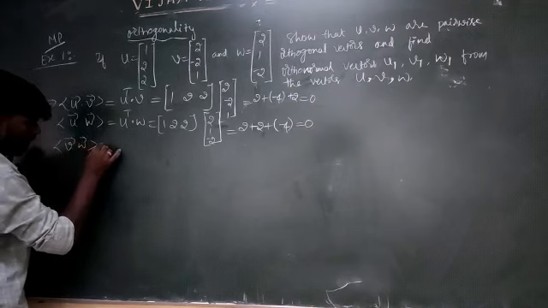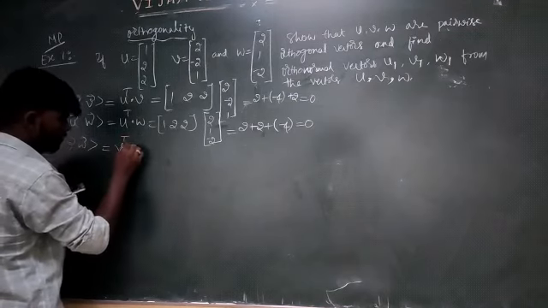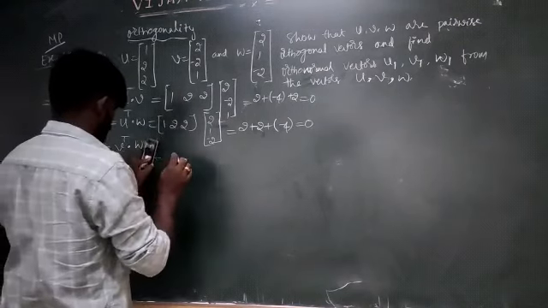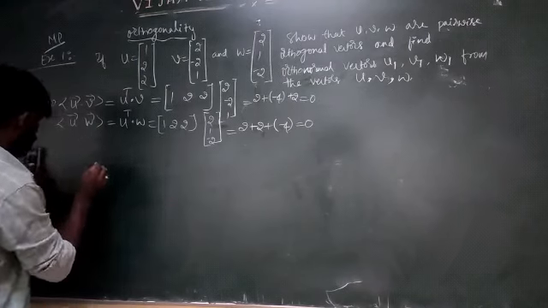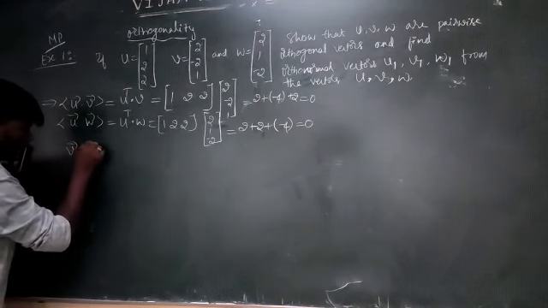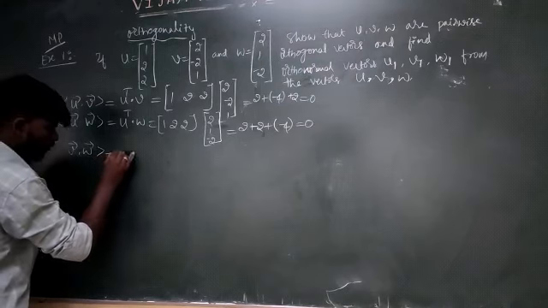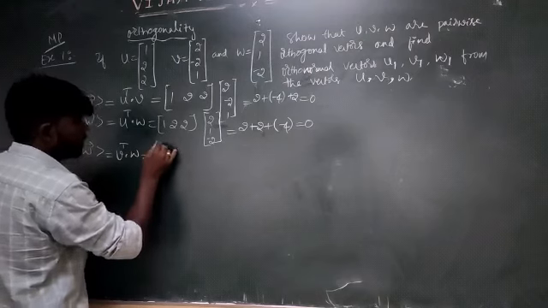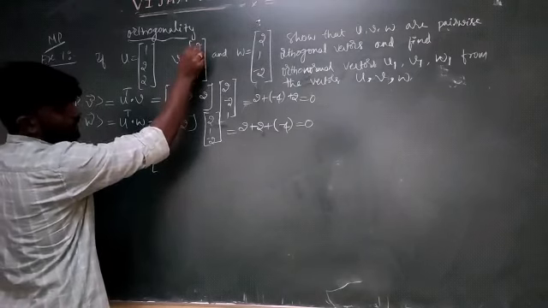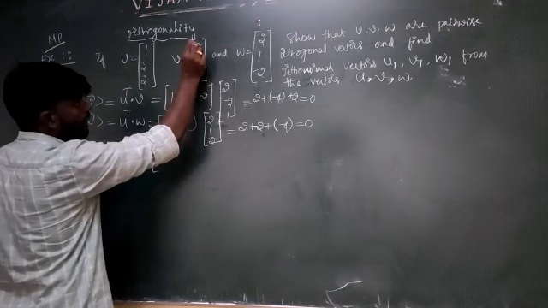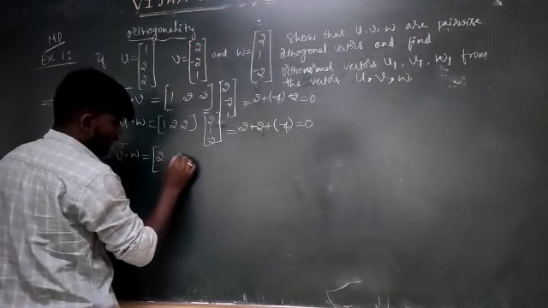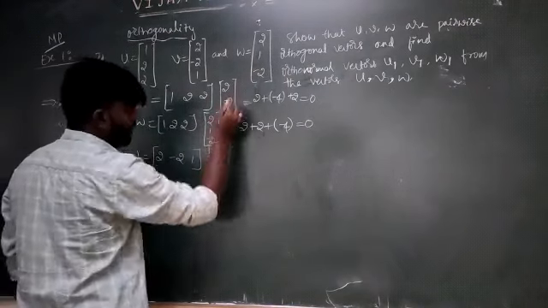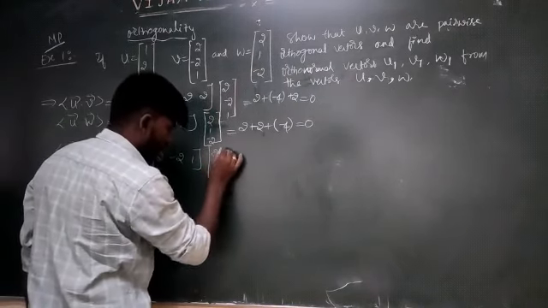The inner product of v and w is v transpose dot w. v transpose is the row vector 2, -2, 1, and w is the column vector 2, 1, -2.